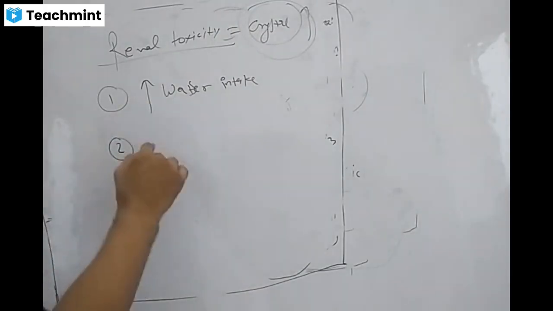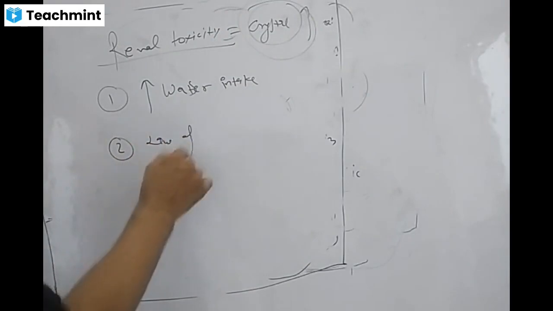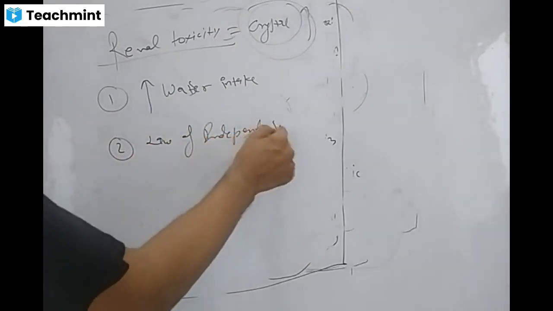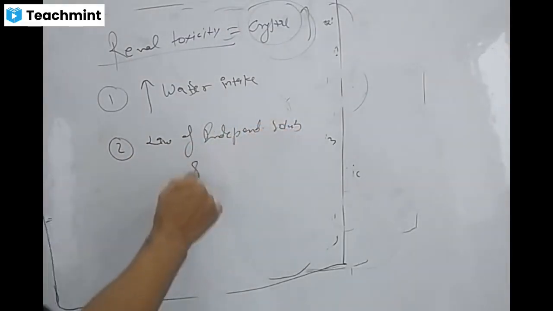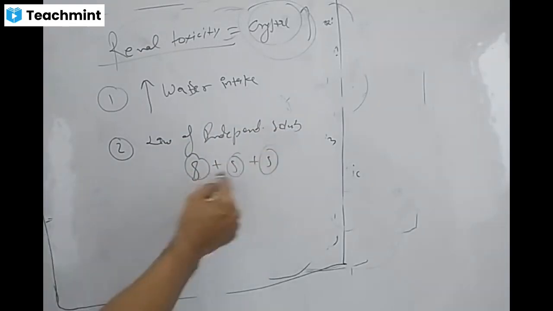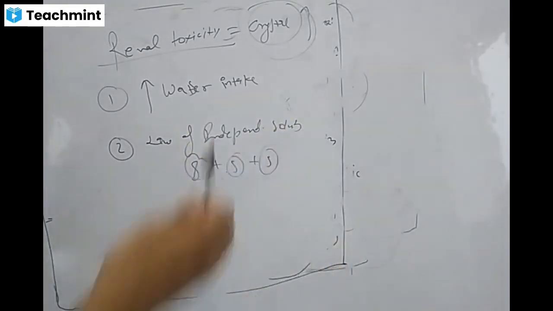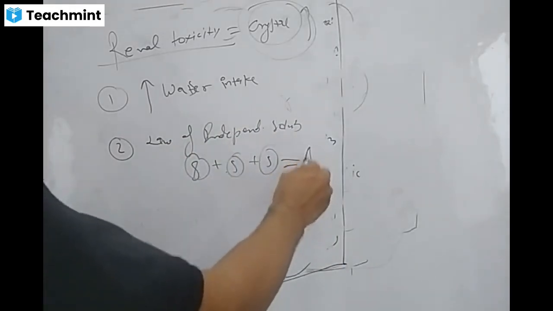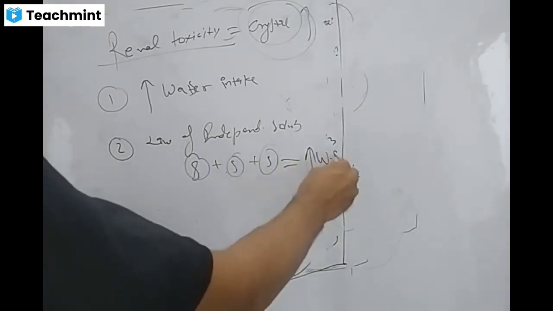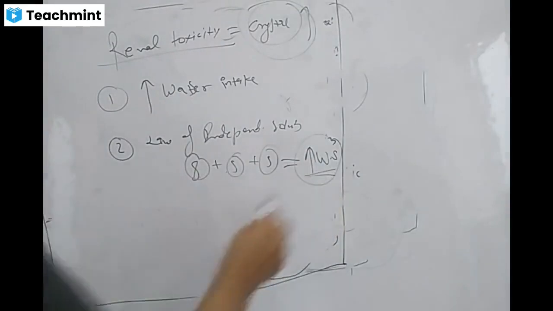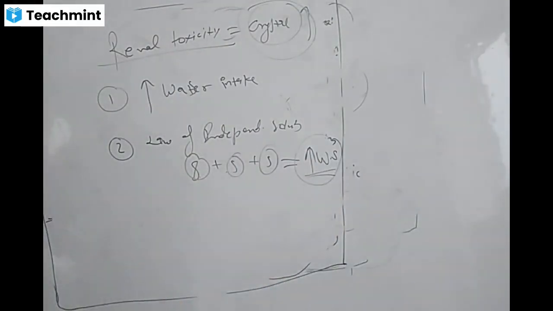The second method we can apply is the law of independent solubility, where we combine two or three sulfonamides. Because of their combination, the overall solubility of the product will increase. So there will be less chance of crystal deposition.